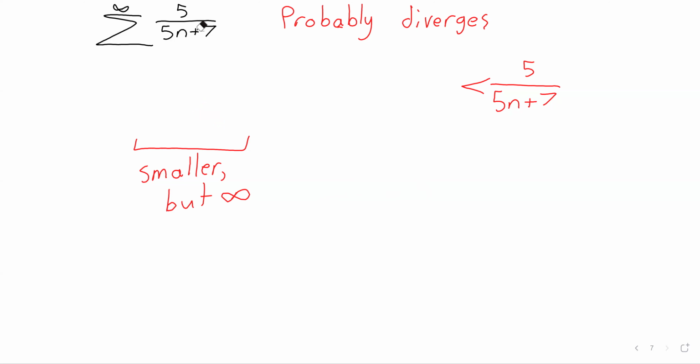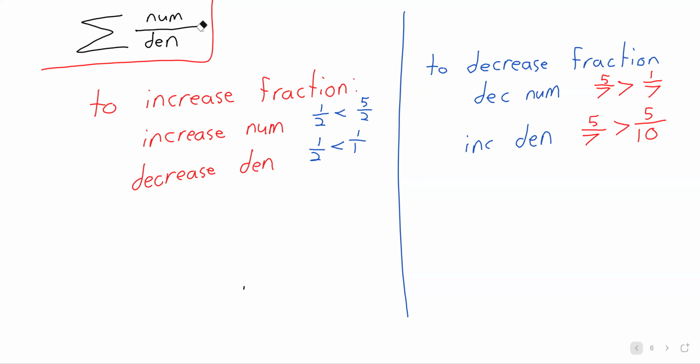And then use the messing around phase of this problem. Because it's our first problem, I've picked one that doesn't require a huge amount of messing around. If we're trying to decrease this fraction, we have some options.